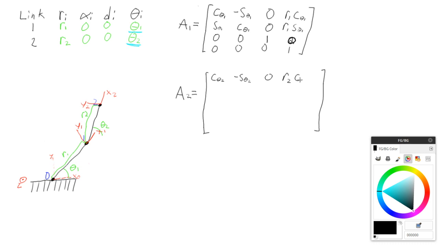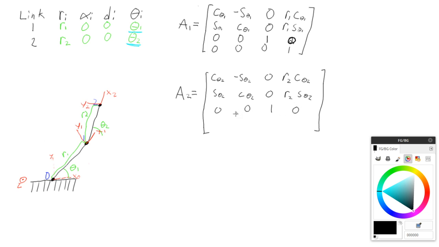R2 cosine of theta 2, sine theta 2, cosine theta 2, 0, R2 sine theta 2. We've got a 0 0 1 0 again.